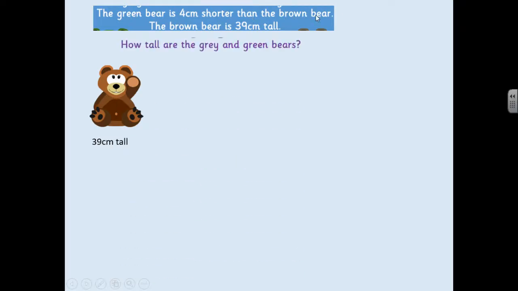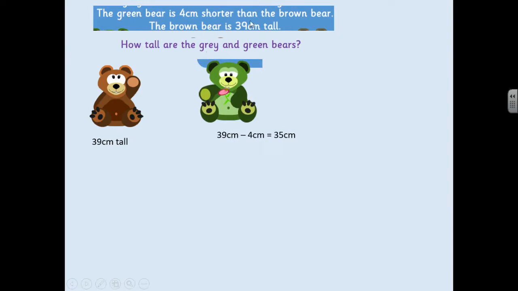So we want to find out how tall the grey and green bears are. We're going to work with the green bear first. So we need to do 39 centimeters minus 4 centimeters equals 35 centimeters. So the green bear is 35 centimeters tall.